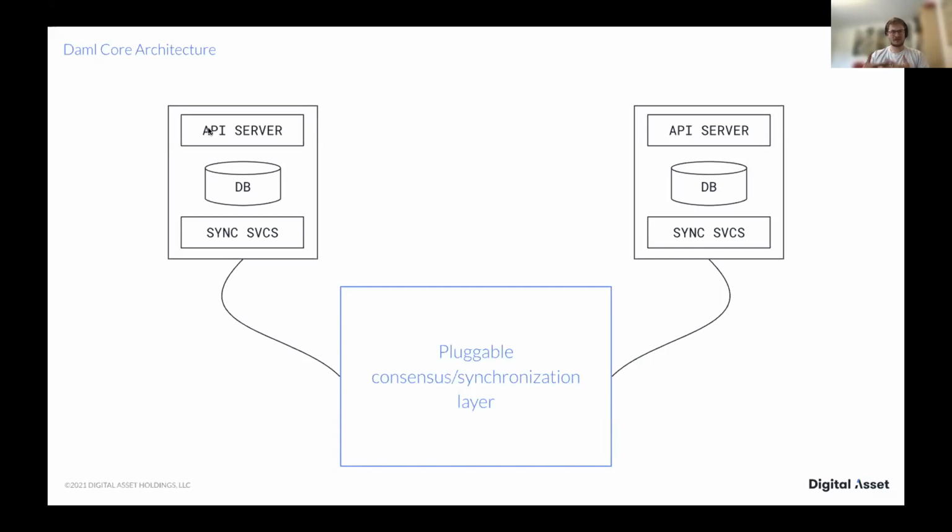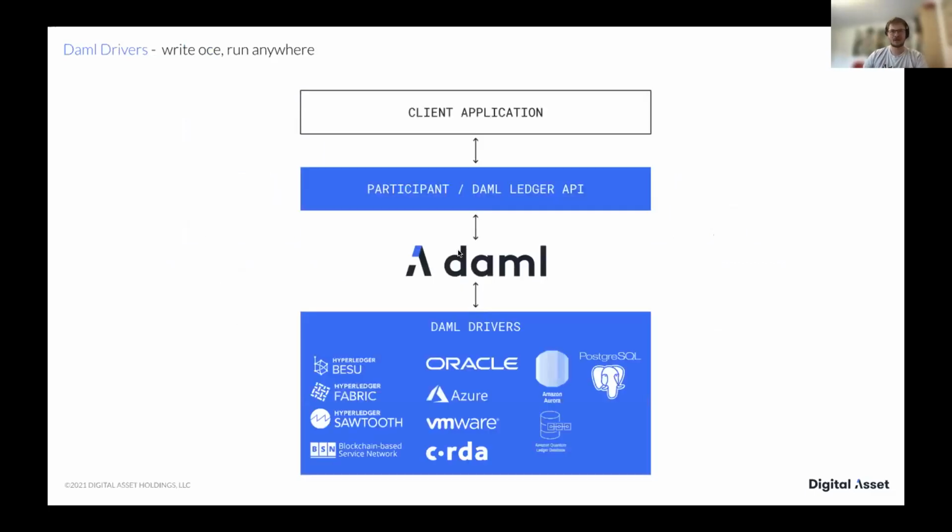The big difference to the abstract picture is that the virtual shared system of record is here replaced with an actual concrete consensus and synchronization layer, which makes sure that the ledger updates are made atomically and consistently, right? So the database interacts with synchronization services, which go into a shared consensus and synchronization layer, which then makes sure that everything works as it should.